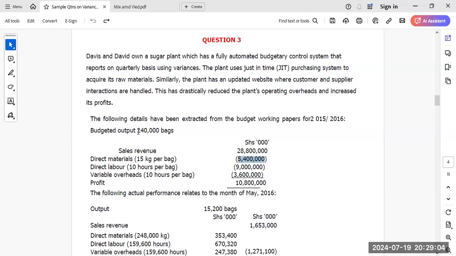Get this figure divided by 240. These three zeros are going to cancel out with the 3 zeros above. So it is 5,400,000 divided by 240.